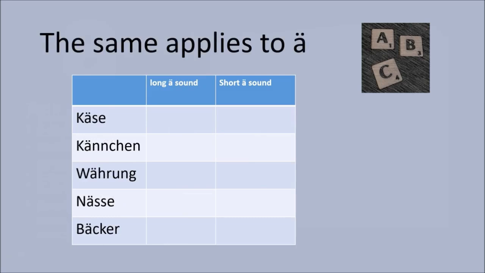Now the same rules apply to Ä. So if the A has an umlaut, the rules are still the same. So what about these then? Are they long Ä sounds or short ones?